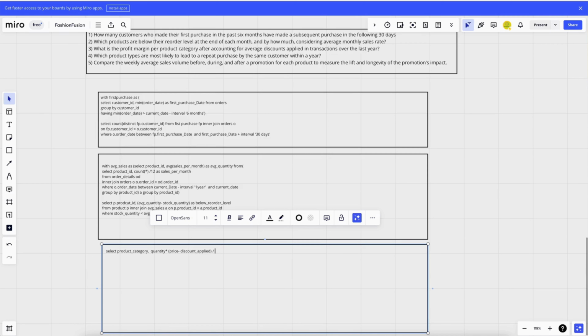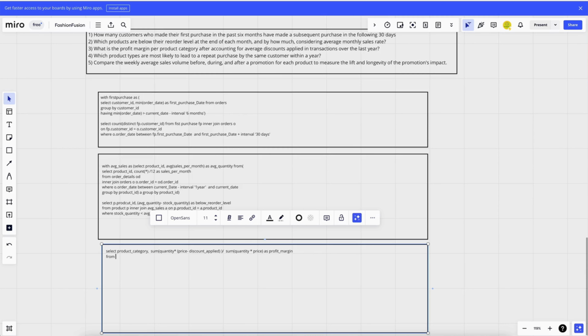So that will be divided by, I need to have this sum here. So I'll get the entire profit by subtracting the discount applied, and the same thing without the discount. So that will be sum of quantity times price. I'll just call this as profit margin.